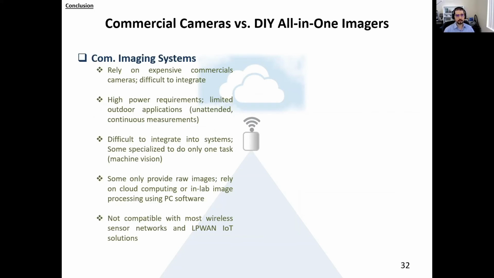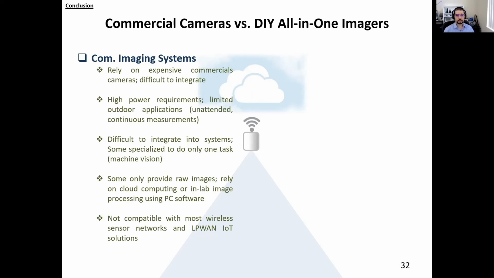When you have cameras from different manufacturers with their own standards and outputs, you need to make yourself familiar with all that. A lot of times they're not designed for integration, so that's another challenge. They usually have high power requirements.